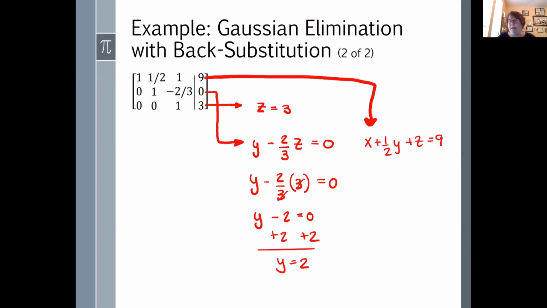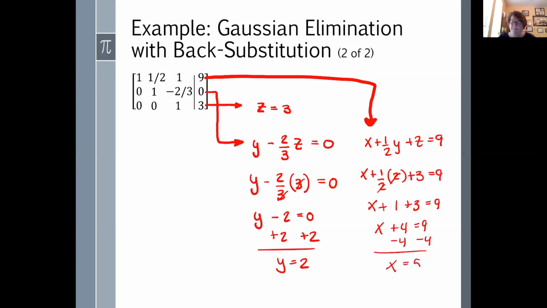Now I'm going to back substitute the two values I have for y and z. So I have x plus 1/2 times 2 plus 3 is equal to 9. The 2's cancel here, and I'm left with a 1. So I get x plus 4 is 9, subtract 4 from both sides, and x is 5.